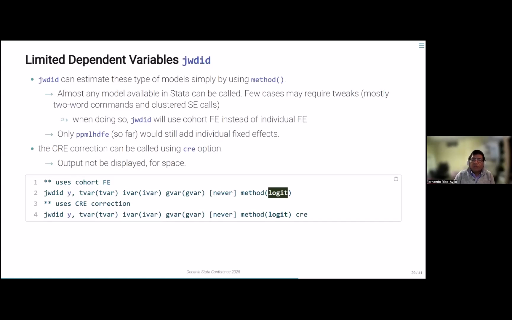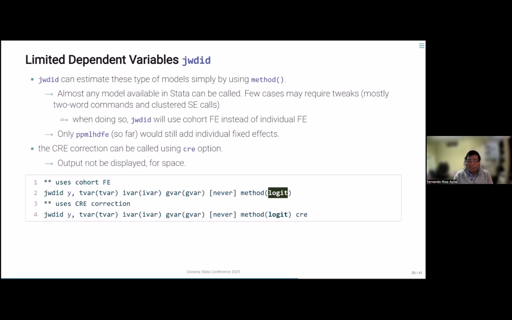But when you use method, the command will automatically drop your individual fixed effects and instead use cohort fixed effects. The only one that doesn't do that is if you decide to use the PPML HDFE so far, which will still add individual fixed effects even though the outcome is assumed to be a count model.